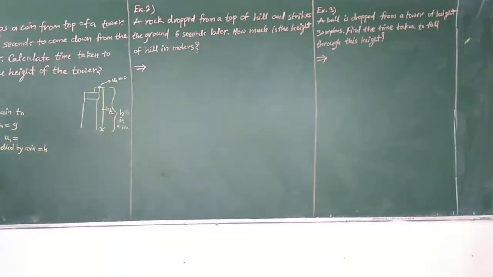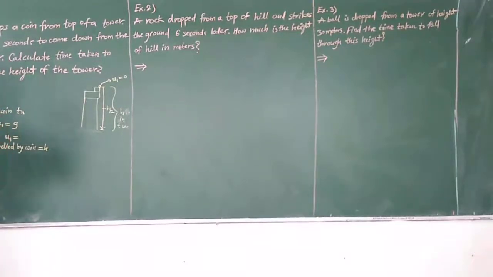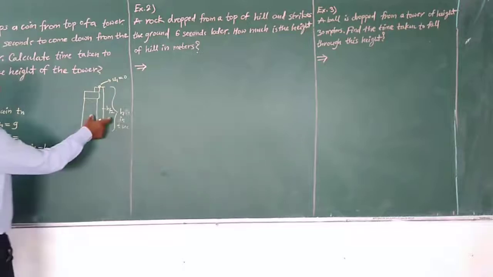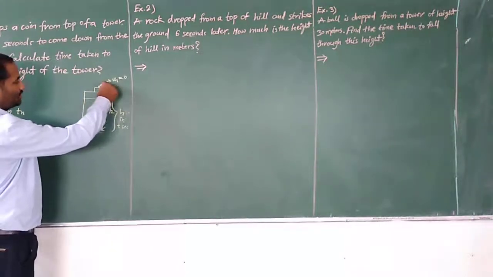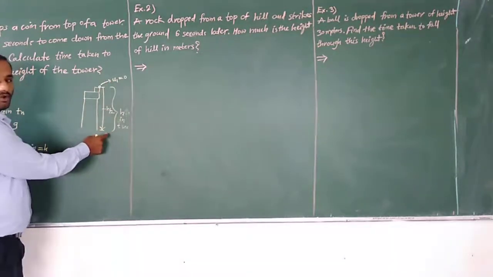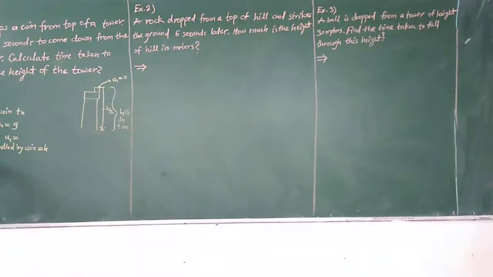So we know the equation. How to find the height? Here we are finding the distance from the top of the tower to ground. So h is equal to half g t square. We know already this formula. I will write this as equation number 1.